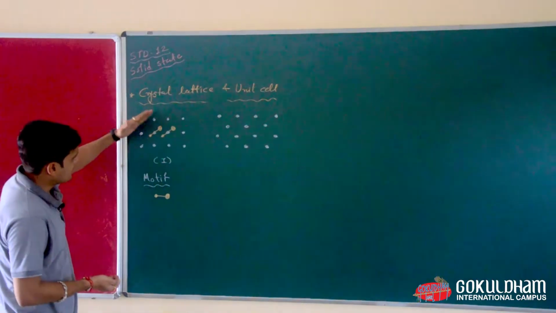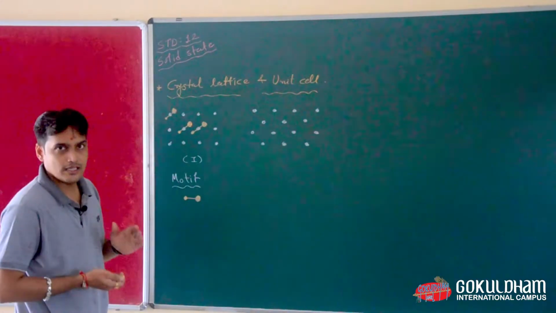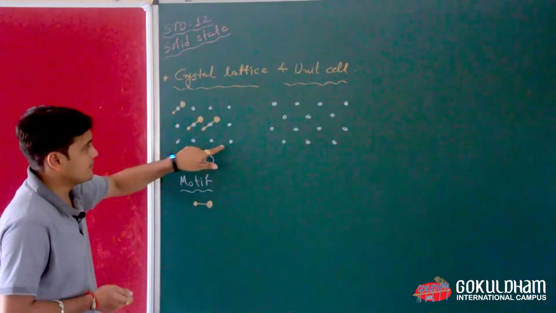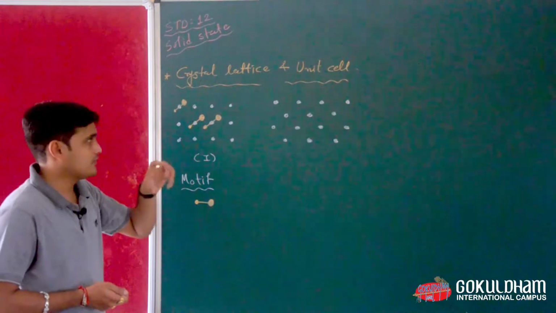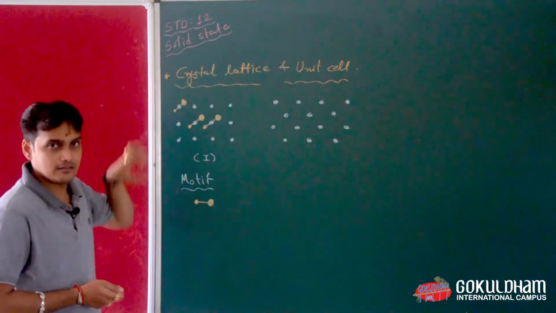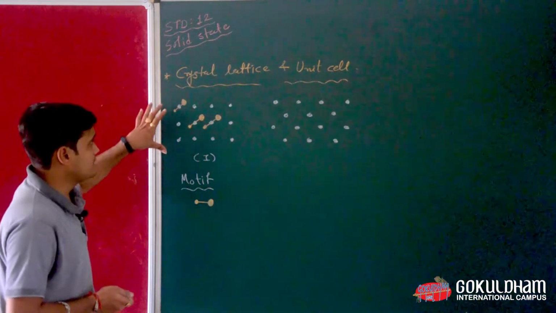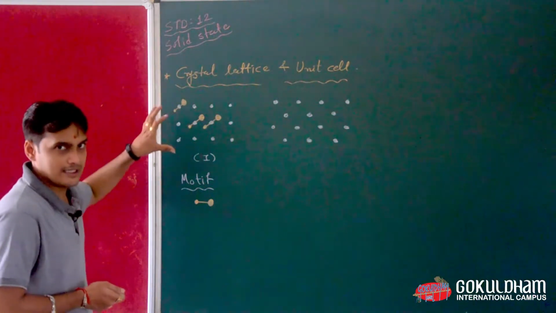All the motifs are in the same direction, and if I put that motif on every atom, you will surely see one definite pattern or design. This is called a crystal lattice.